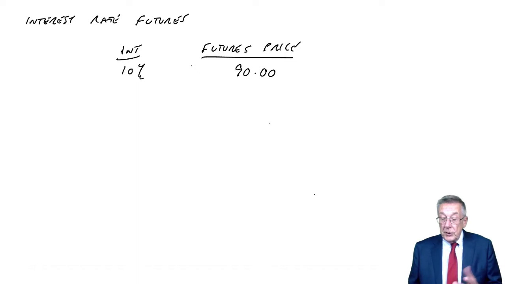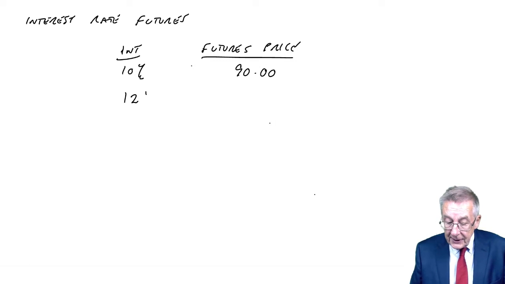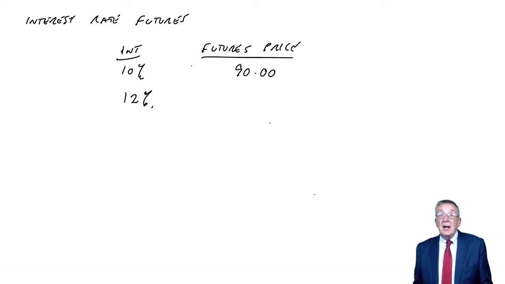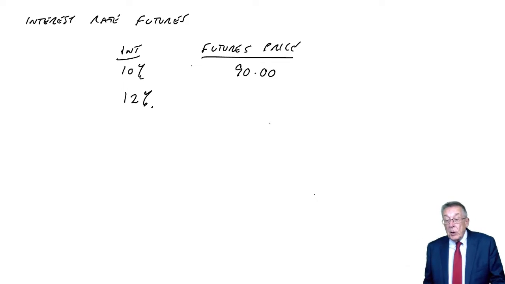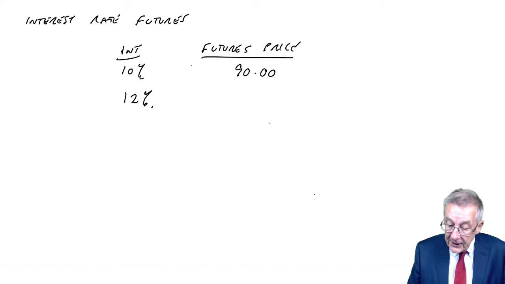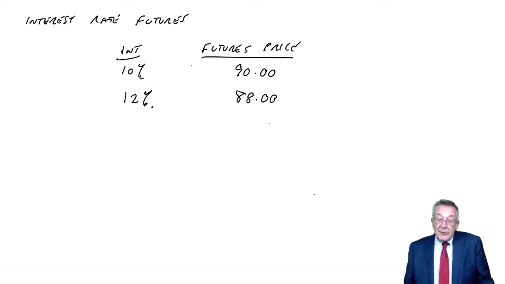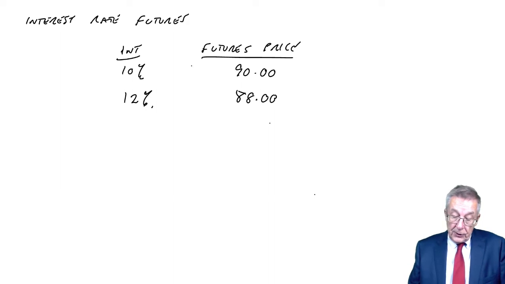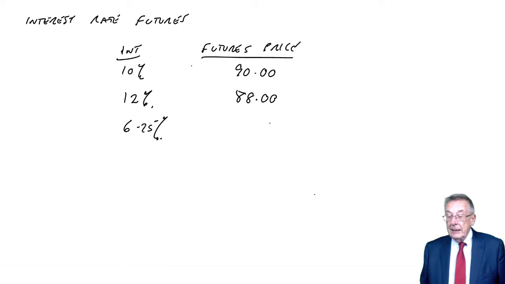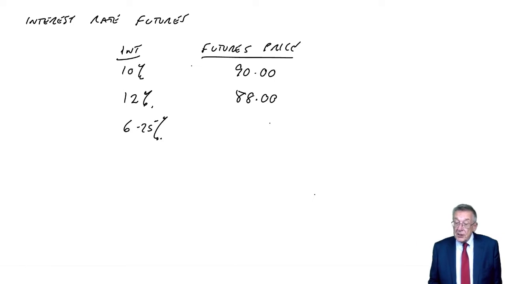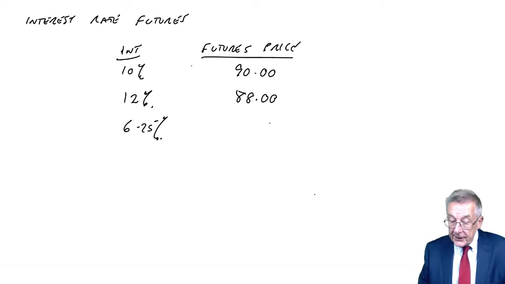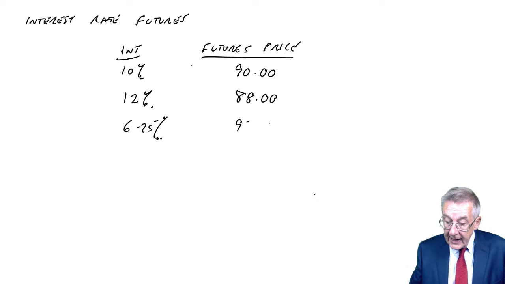And if the interest rate was, let's say, 12%, the futures price that we're going to deal in would be 100 minus 12, which is 88. If the interest rate was 6.25%, the equivalent futures price, 100 minus 6.25, would be 93.75.